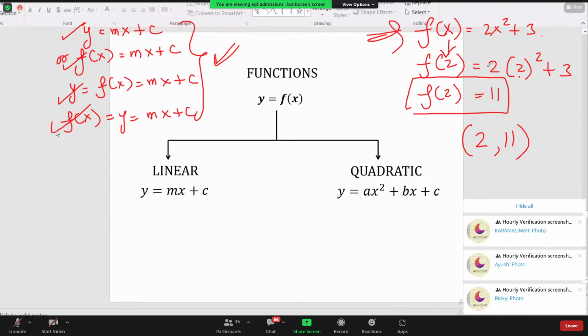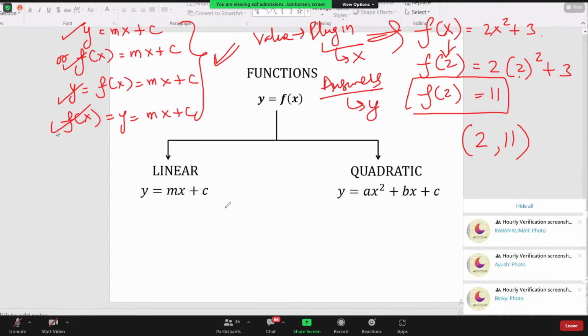That means what we can simply generalize is that the values which we plug in the function are the values of x, and upon solving, whatever answers we get are the values of y.